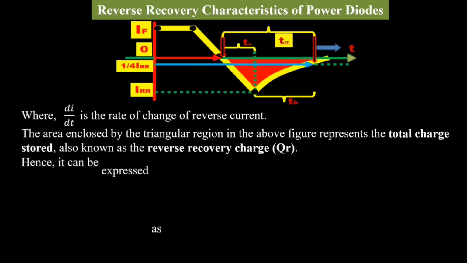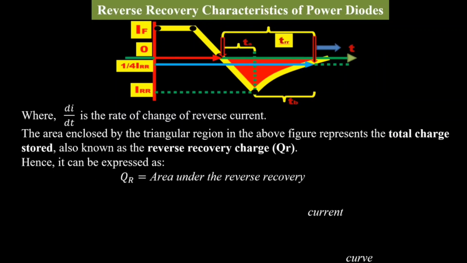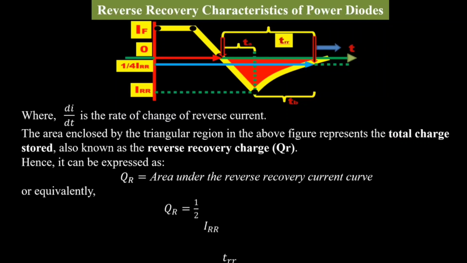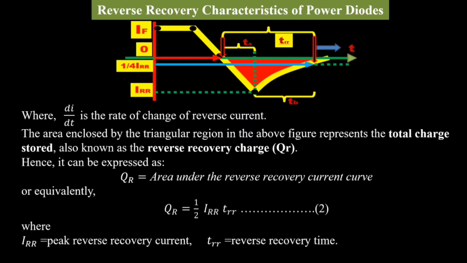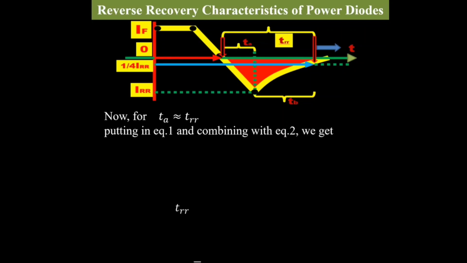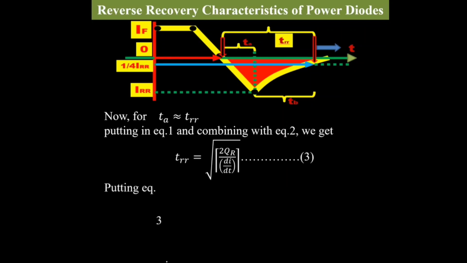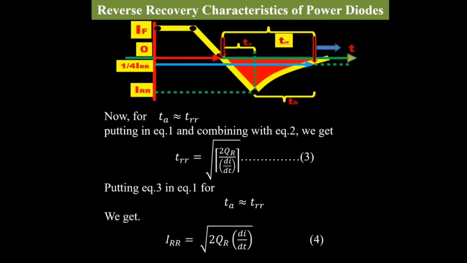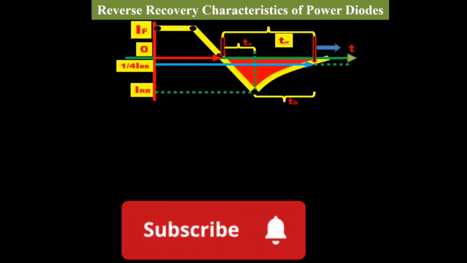Hence, it can be expressed as QR is equal to the area under the reverse recovery current curve, or equivalently, QR is equal to half IRR times TRR, equation 2, where IRR is the peak reverse recovery current and TRR is the reverse recovery time.